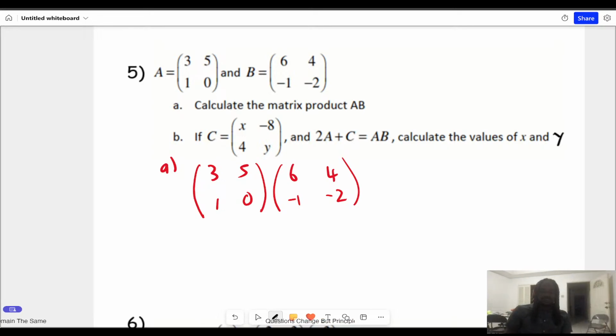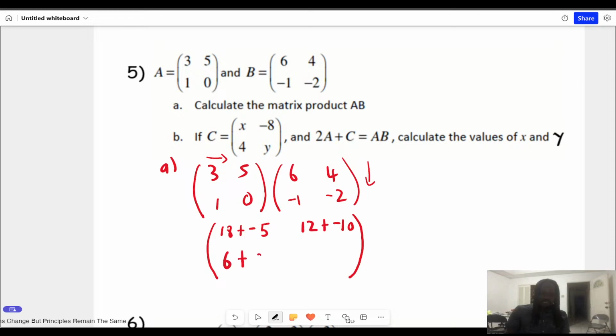So let's go. Remember, row by column. So 3 times 6, first number by first number, 18, plus second number by second number, 5 times -1, -5. Then row by column again, next column now. First by first, 3 times 4 is 12, plus 5 times -2, -10. Then row by column again, first by first, 1 times 6, plus 0 times -1.